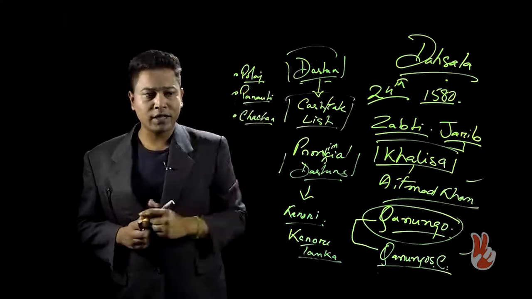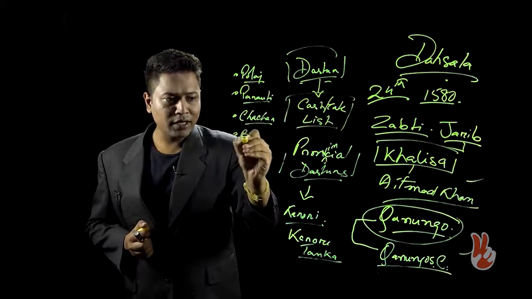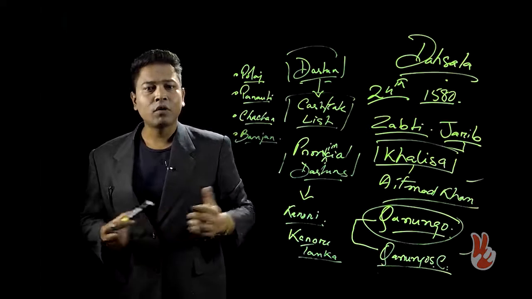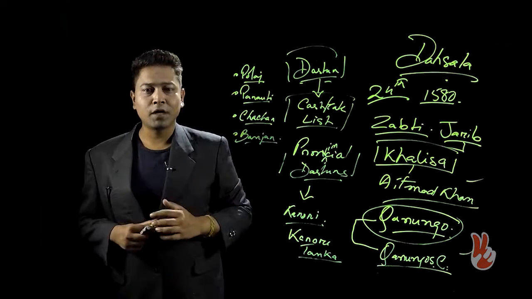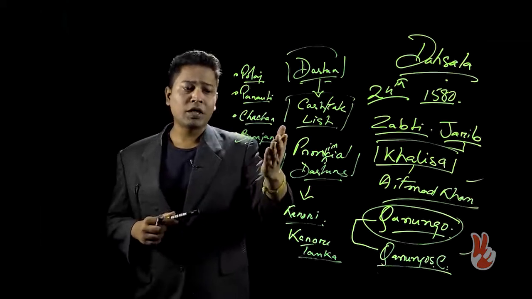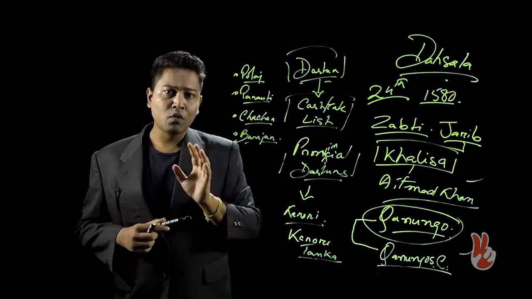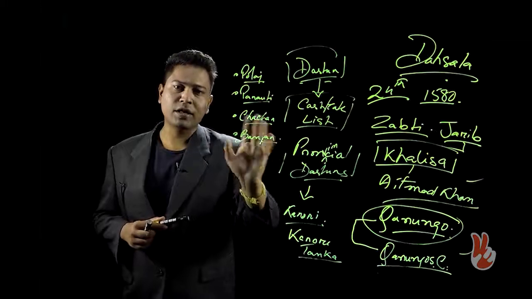So, this is chachar land, and then there is the banjar land, the land which has been left fallow for a long time, wasteland. To this kind of land, there was a conscious effort by the Mughals to develop the Banjar lands also.